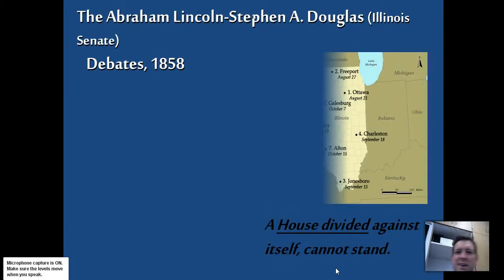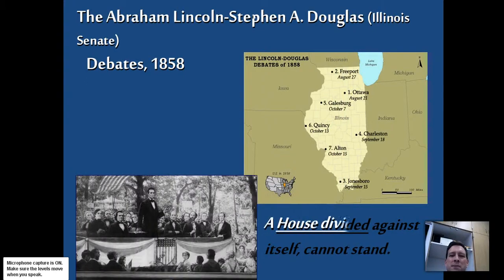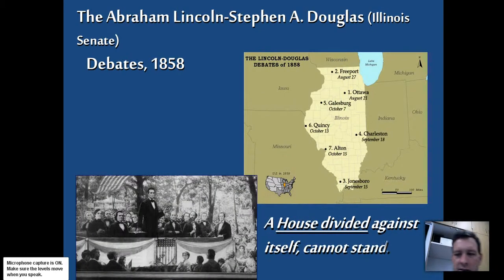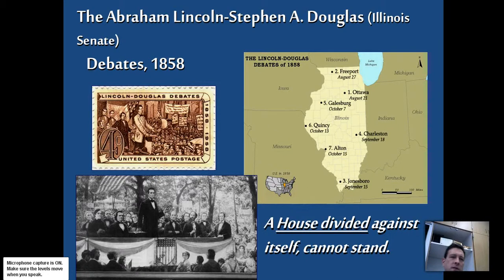Let's continue. In a very famous series of debates against rival United States Senator Stephen A. Douglas, future President Lincoln gives a series of great debates here, talking about the evils of the spread of slavery. Lincoln would badger Douglas in these debates, questioning whether or not he favored the spread of slavery.